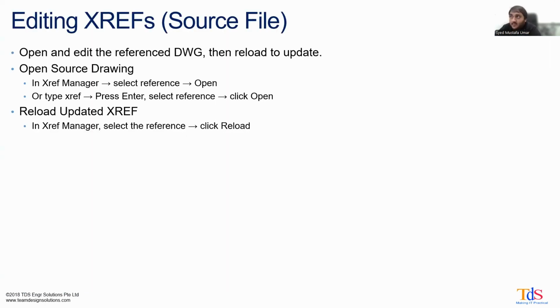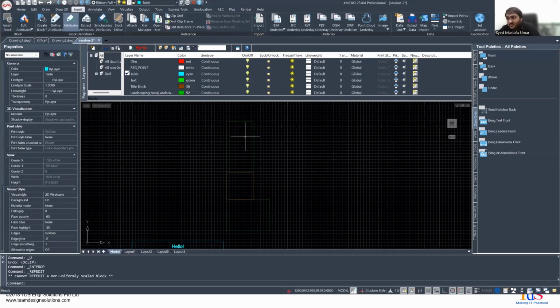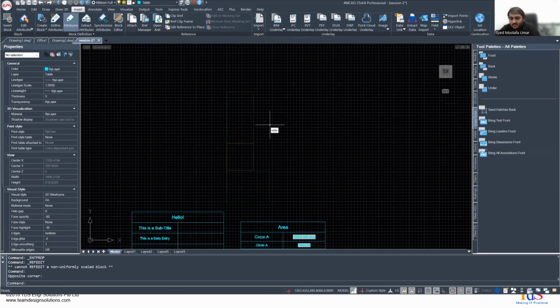Either we can edit it within the source file, or you can open up the in-place editor. So how do you go about doing that? Let's close this Explorer. Let's open the edit.